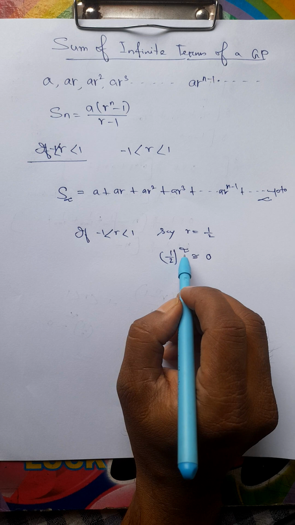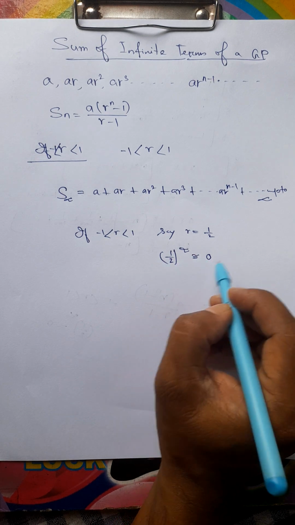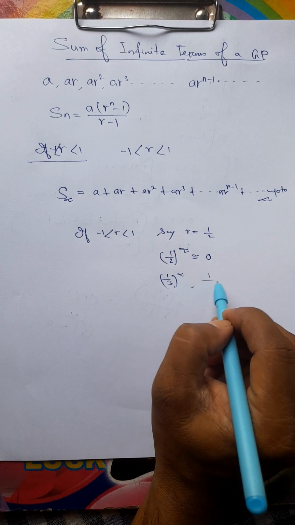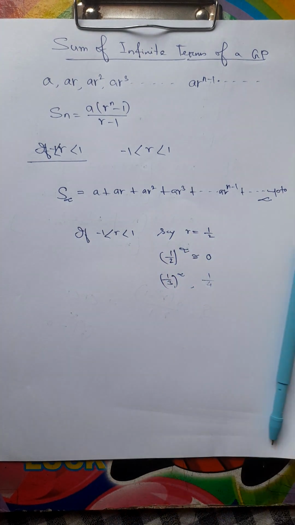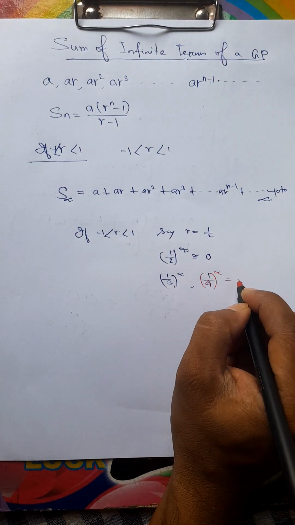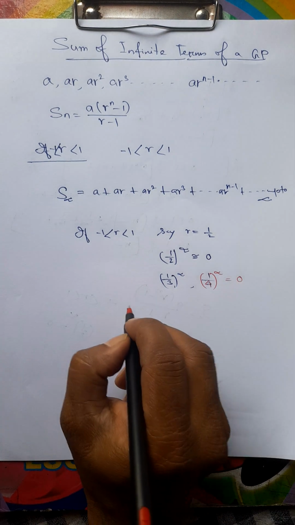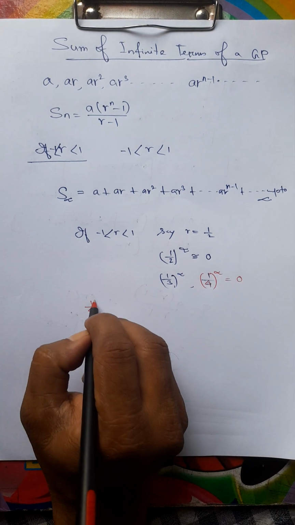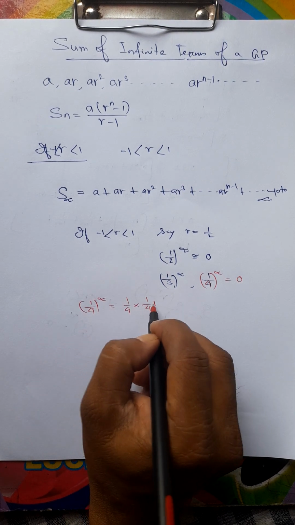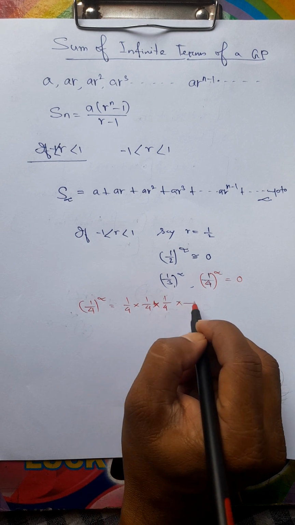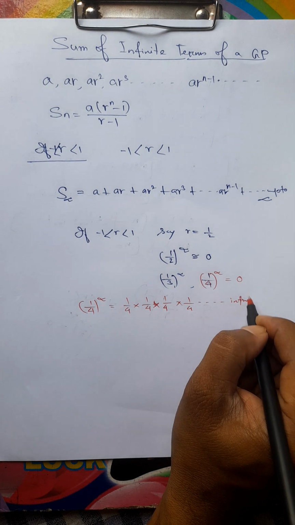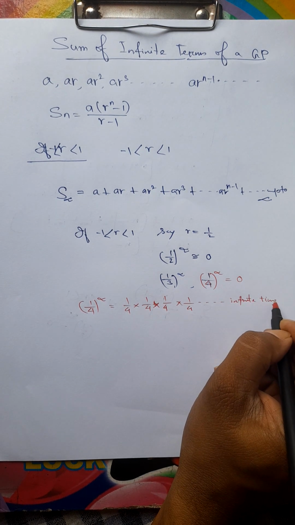1 by 2 to the power infinity, or 1 by 3 to the power infinity, 1 by 4 to the power infinity, is approximately equal to 0. Why? 1 by 4 to the power infinity, suppose, equals 1 by 4 multiplied by 1 by 4 multiplied by 1 by 4, infinite times.